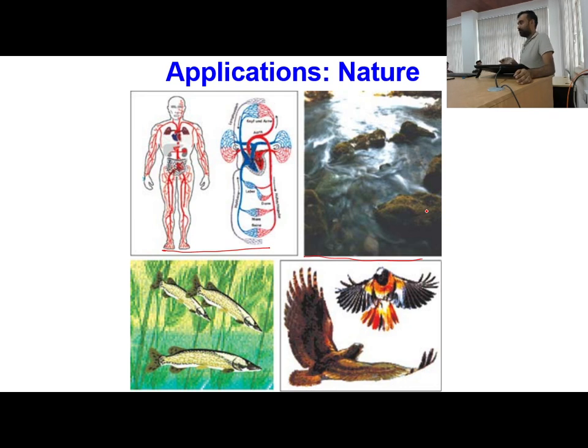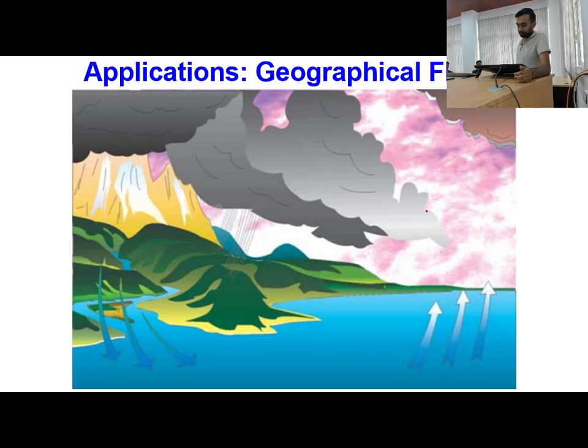Then obviously birds, you have seen flying, and how fish swim. All these are applications of fluid mechanics in nature. Geographical flows: I already told you how the complete rain cycle takes place. This is an application of fluid dynamics at a very large scale, at the atmospheric level. Okay.